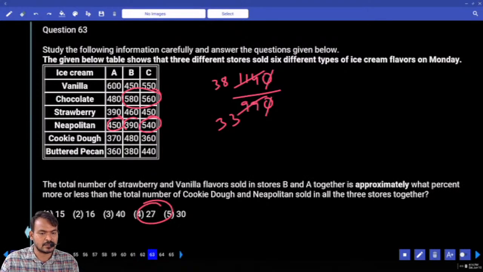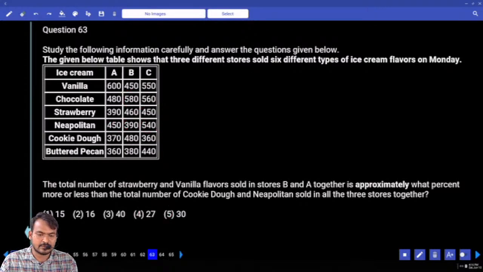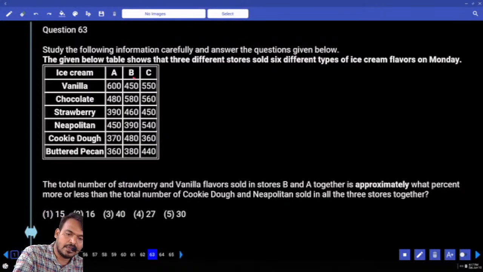Next question number 63. The total number of strawberry and vanilla flavors sold in stores B and A together is what percent more or less than the total number of cookie and Neapolitan sold in all the 3 stores together? Strawberry and vanilla B and A. What is the vanilla in both? 1050.